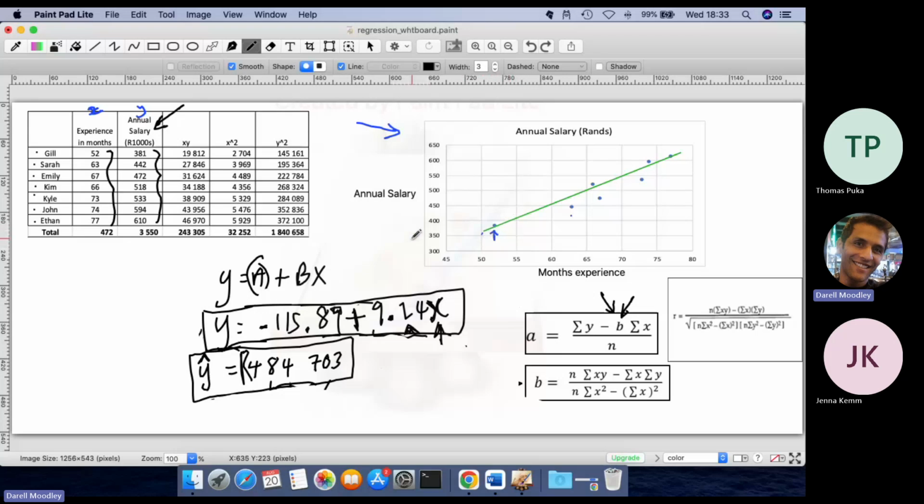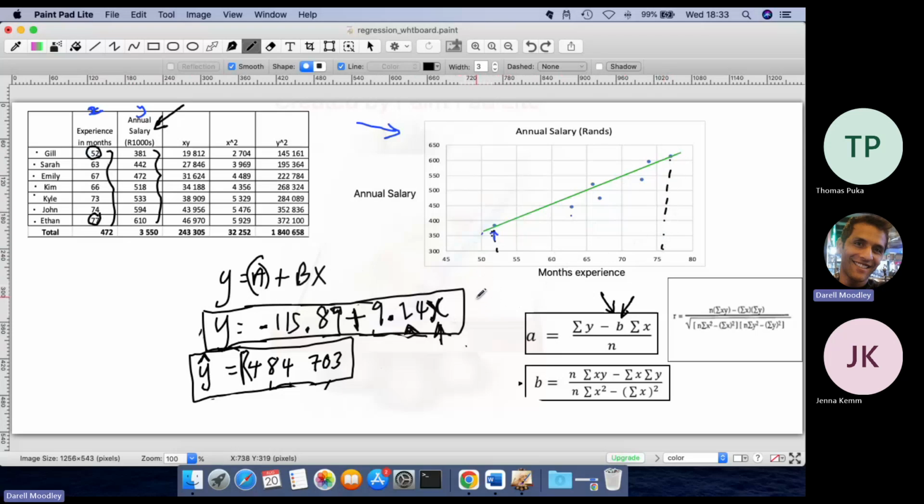And what I mean by domain, it's just a mathematical term to say that between the values of 52, which is the smallest value if you look at our data, and the largest x value we have, 77. So this equation is only reliable between values of 52 and 77, right?